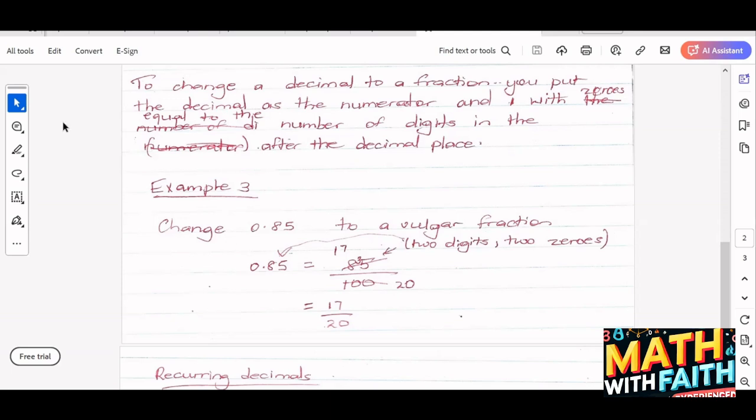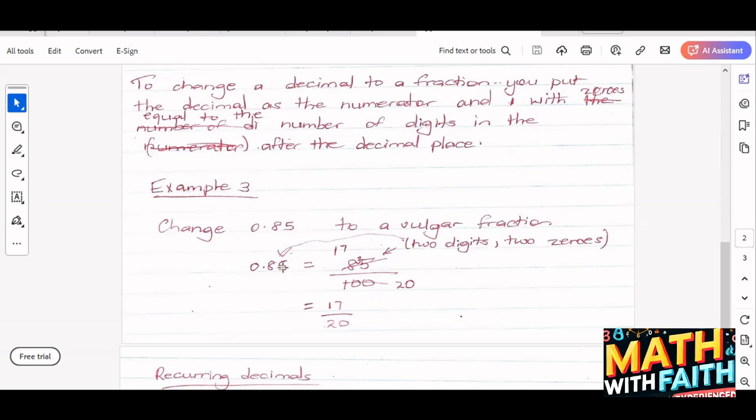So let me say this again. You put whatever digits you have in the decimal in the numerator, and then you put 1 with the number of zeros equal to the number of digits you have after your decimal point.